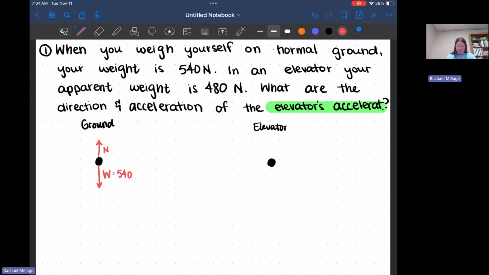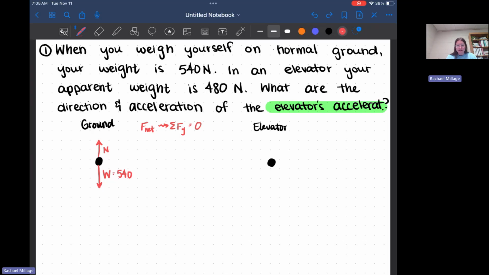If my acceleration is zero, my net force, or the sum of forces in the y direction, is going to equal zero, because force equals mass times acceleration. And no matter what our mass is, if our acceleration is zero, this whole term has to become zero.